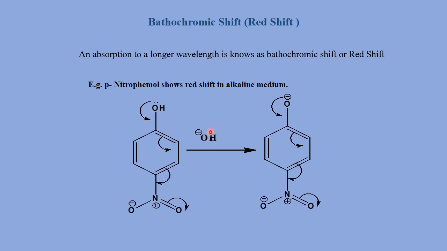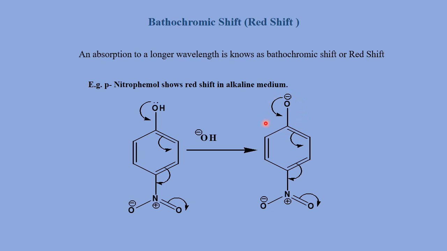But when phenol is in alkaline medium, the OH loses a proton, and there is formation of the phenoxide ion. Here the negative charge takes part in resonance more effectively than in the neutral molecule.